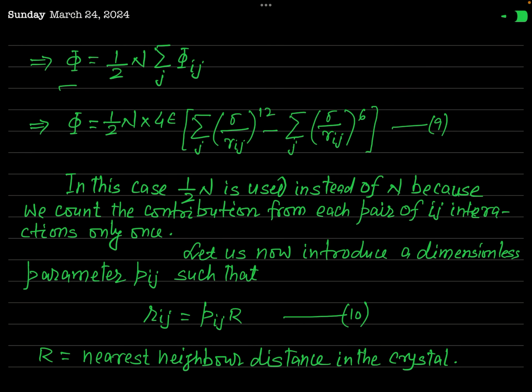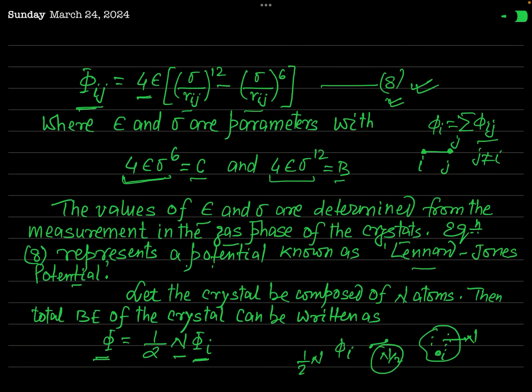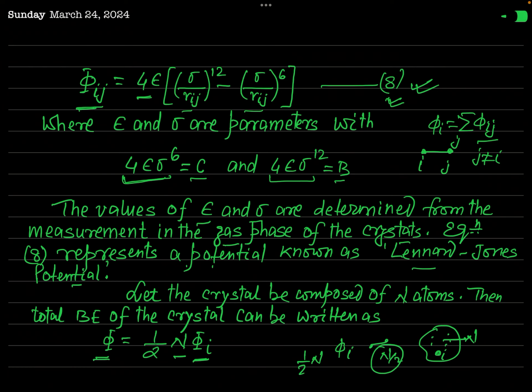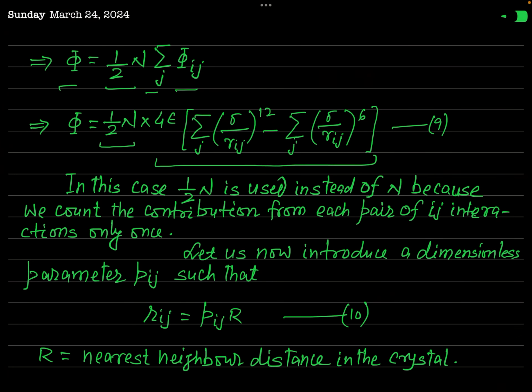So let us put it here: phi is equal to 1 over 2 n times the summation over j of phi ij. Now we substitute the value of phi ij from equation 8 here, and you can see this is the expression for phi.